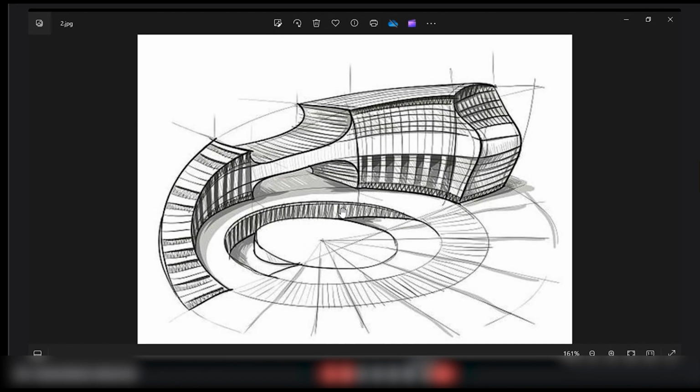What other shapes can you see, guys? Let me tell you one from my side. Are you able to see my cursor? Yes. So this shape is an arc, correct?